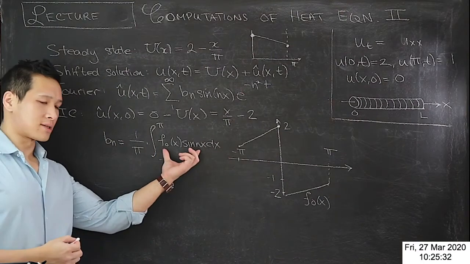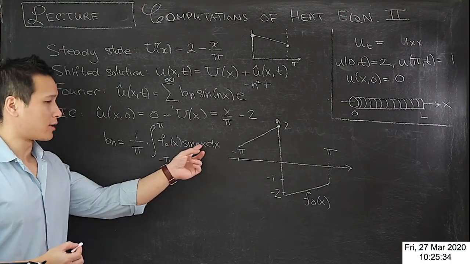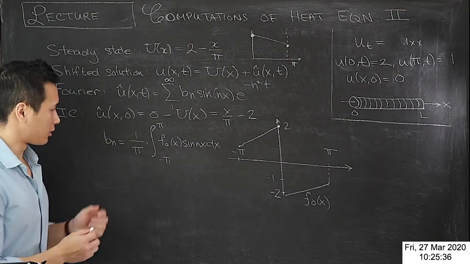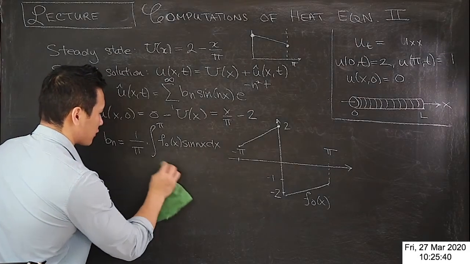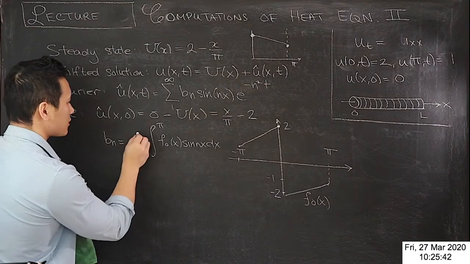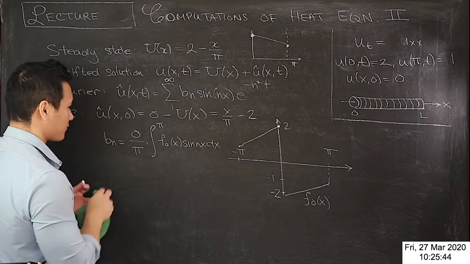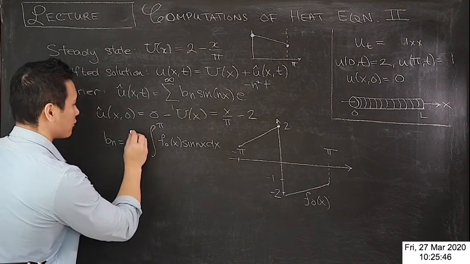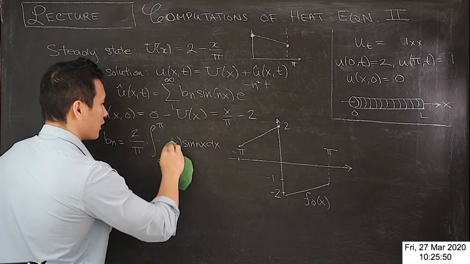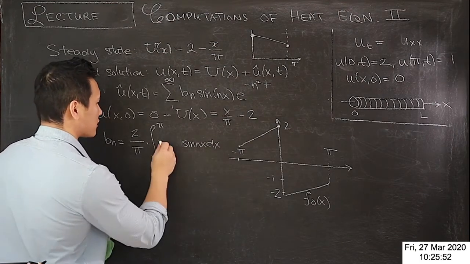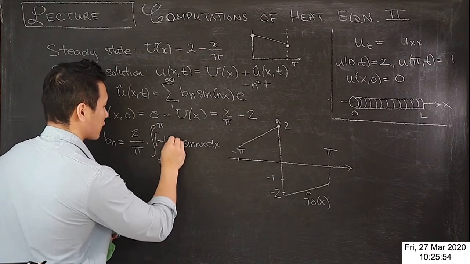This is an even function now because that's an odd times an odd. You can double up, so this becomes a 2, and you just have to integrate from 0 to pi the function. Here, the function is just this, minus U of x.